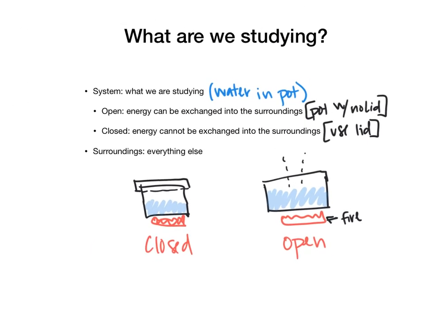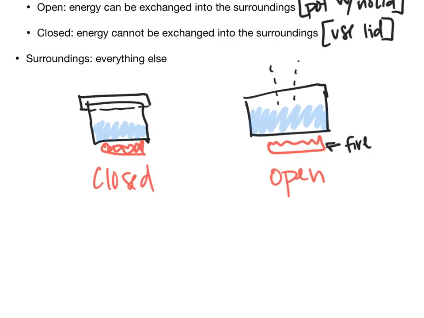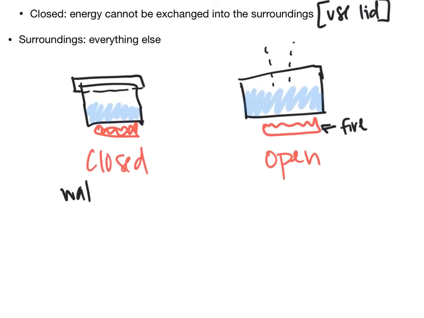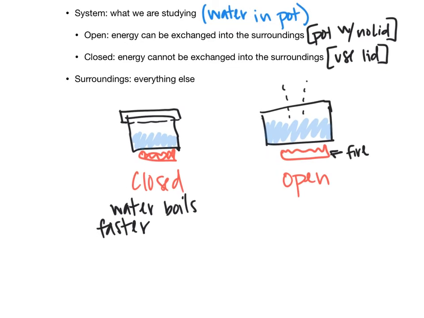When we have a closed system, we're actually going to observe that the water will boil faster in comparison to the open system, because all of the heat energy that we put into this pot is going to stay in the pot.